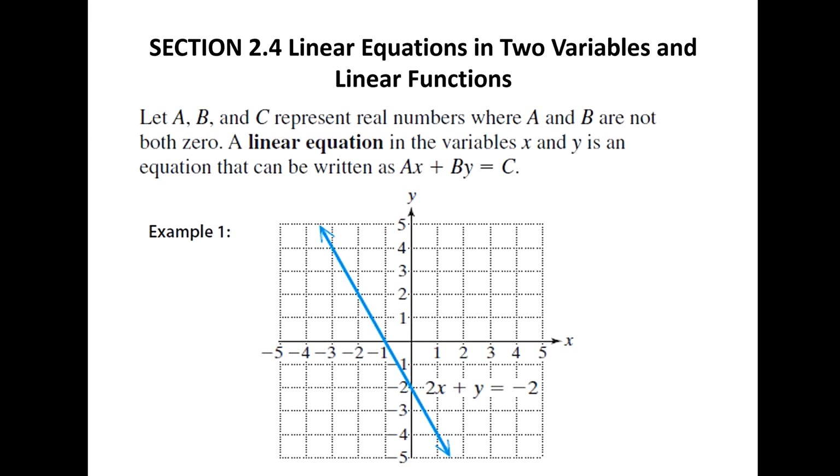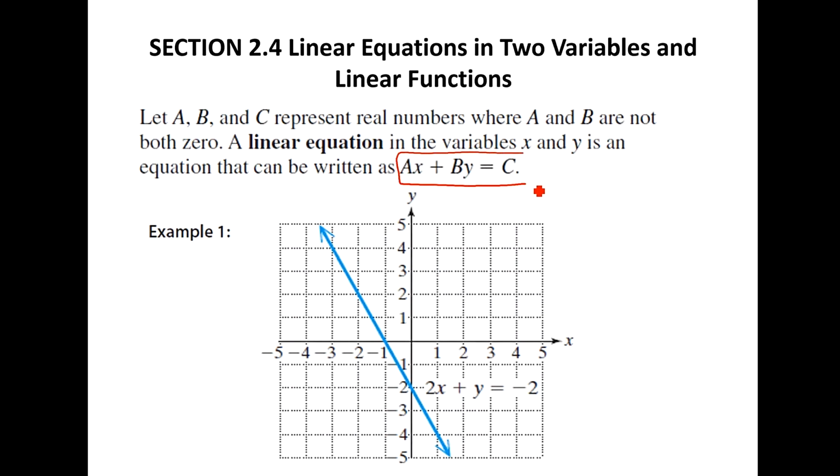Linear equation and two variables linear function. linear equation والlinear function هما تقريبا نفس الشيء باختلاف هنا f of x وهنا y. Okay, we can put the linear equation as ax plus by equal c, like this.